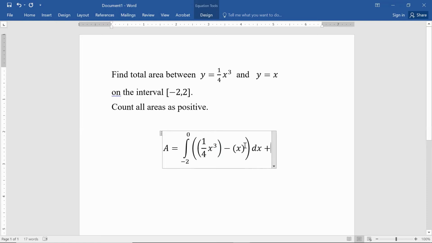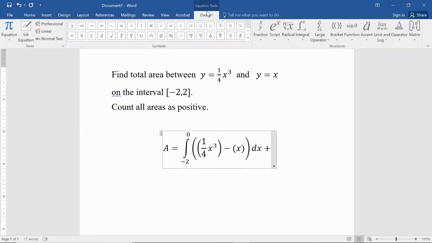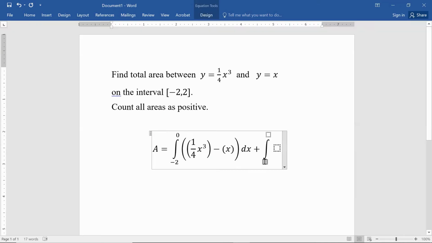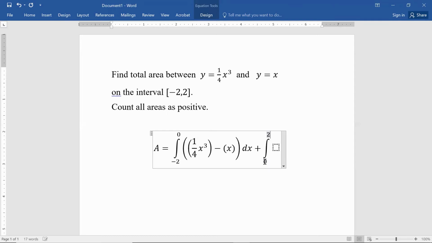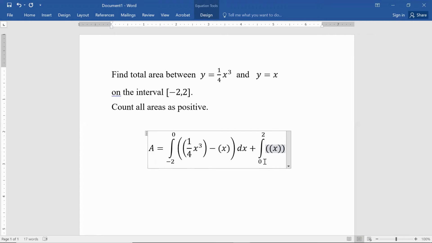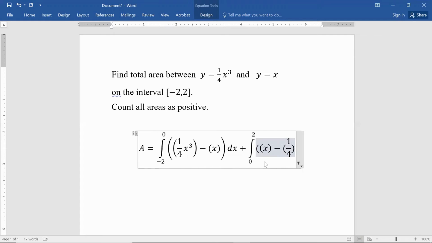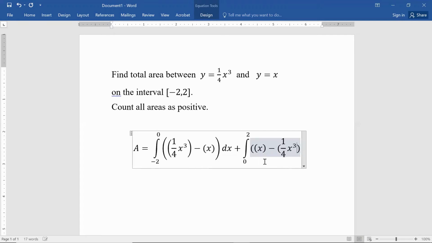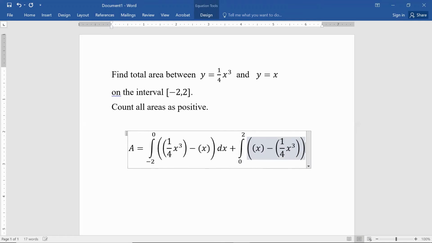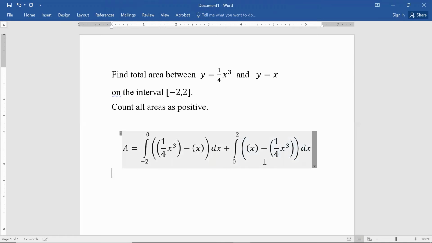Because that just covers one of the sections, we're going to have to add another integration, this time from 0 to +2. In this case, y equals x is the curve that's on top, and the 1/4 x to the third is underneath. So we're going to have to do two integrations.